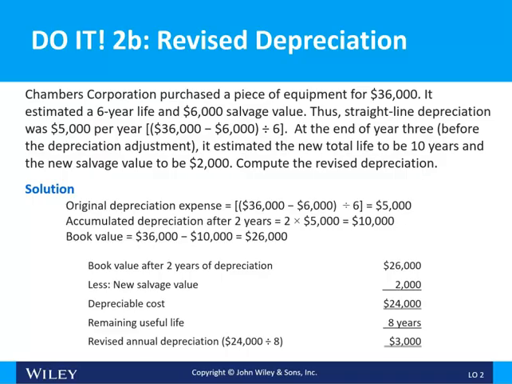So 10 years total. We had used 2 years up already at depreciation. So we take that 24,000 divided by 8, and our new depreciation expense is going to be $3,000 a year. So this is, again, changing the useful life and the salvage value, and we reduced our depreciation.